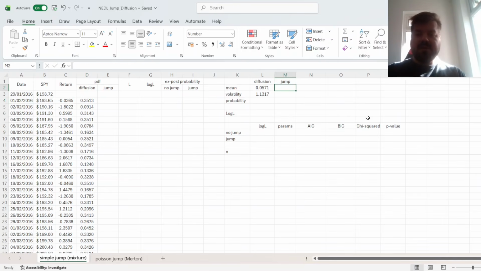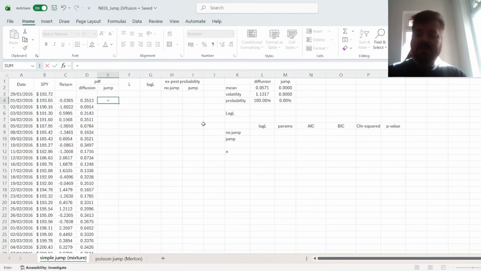So we'll have a jump with mean and volatility, and we'll first of all assume it's 0, so there is no chance there will be a jump, and its mean and volatility are 0, so basically nothing happens, and the probability of no jump is obviously then 100%. But if we do believe there will be a jump, we can model it quite straightforwardly.